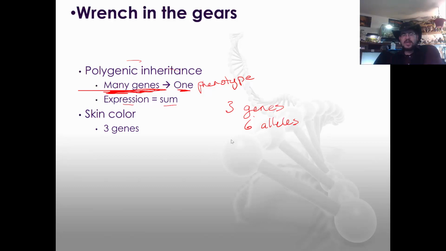And the combination of dominant and recessive alleles will determine skin color, where dominant alleles in skin color code for melanin production, and the recessive does not code for melanin production. So, the more dominant melanin alleles you have, the darker the skin color. Pretty simple.